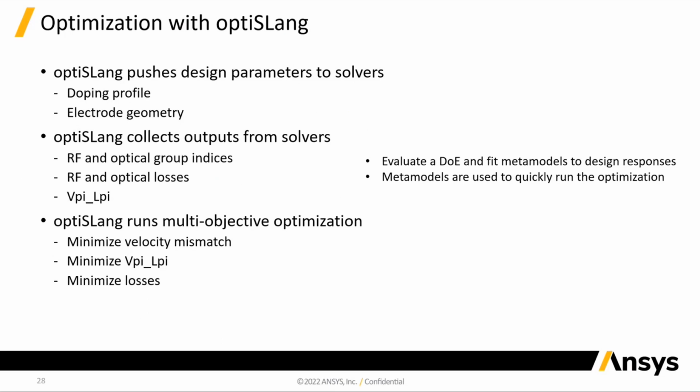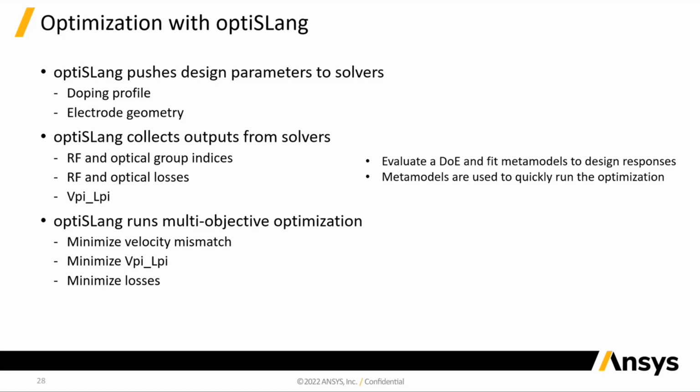And when we finish the component simulations and the radio frequency simulation, we spice it up by doing co-optimization of all the solvers to get the best component performance results.